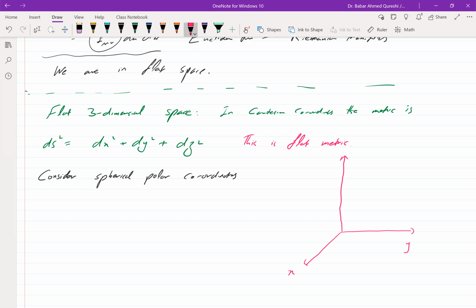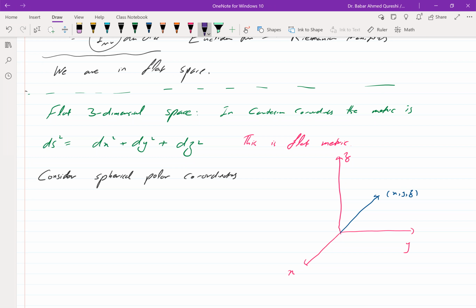This is X, Y, Z. These are the Cartesian ones. If you take a point whose Cartesian coordinates are X, Y, Z, how do you assign it the polar coordinates?